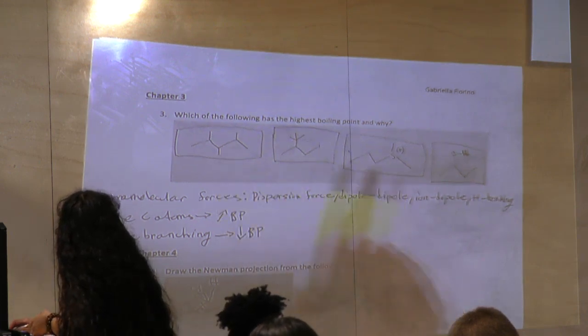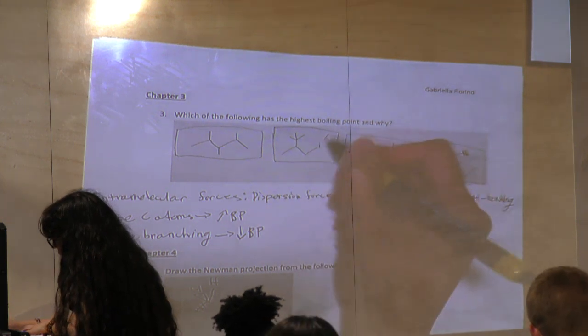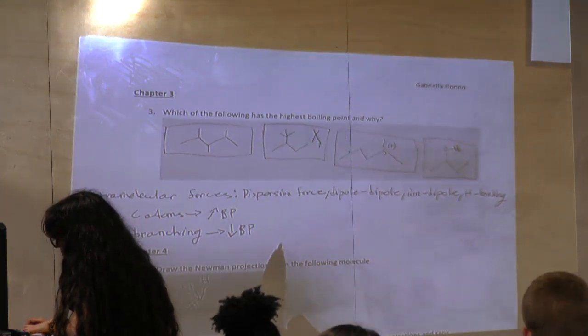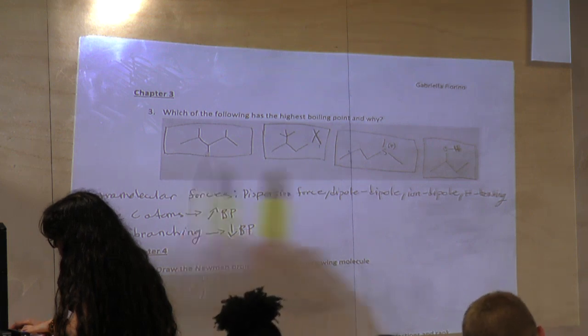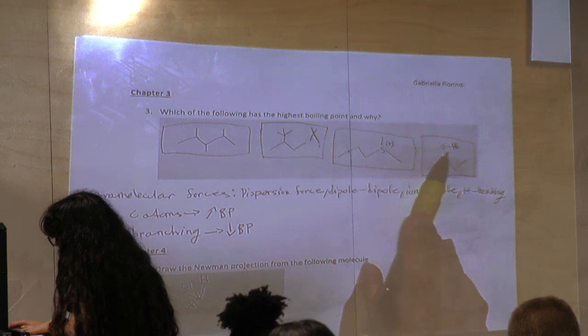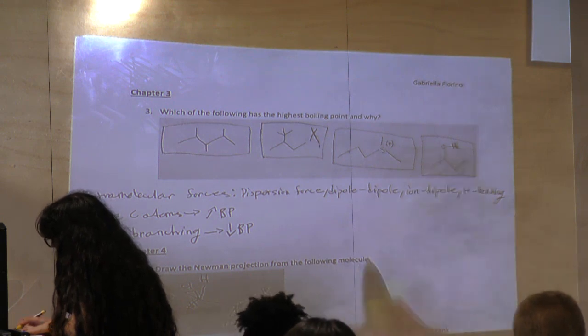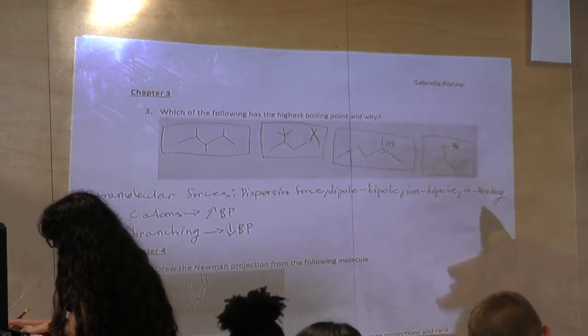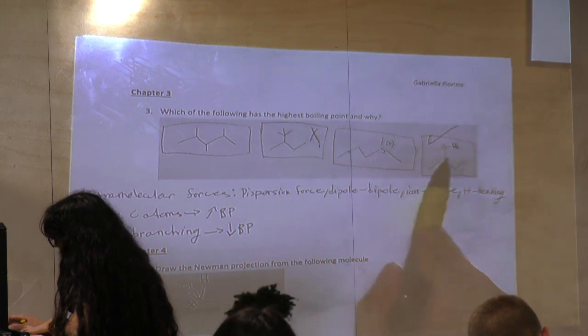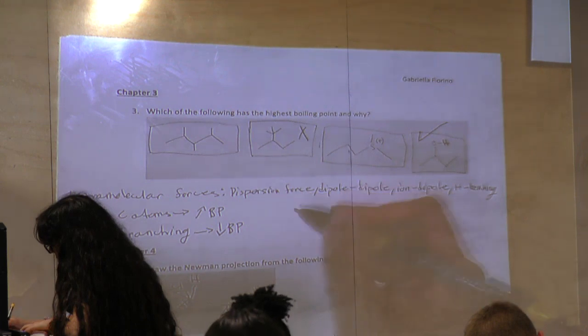Compared to the others, that's an unlikely answer because of that branch. So we know this isn't one of them. If we look at our other options, we see this has a lot of carbon, this has a sulfur. This one, it has hydrogen bonding capabilities because of this oxygen and hydrogen. So this is going to be our highest boiling point due to hydrogen bonding capabilities.